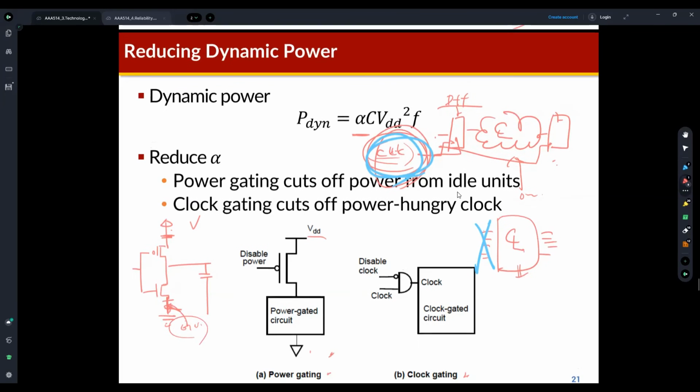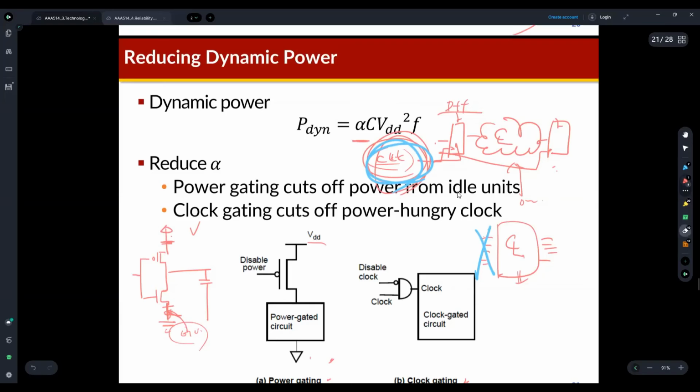So we can control this connection to VDD or the connection to the ground like this. We can also add more transistors here, and this transistor is controlled by another source. This MOS transistor is an electrically controlled switch.